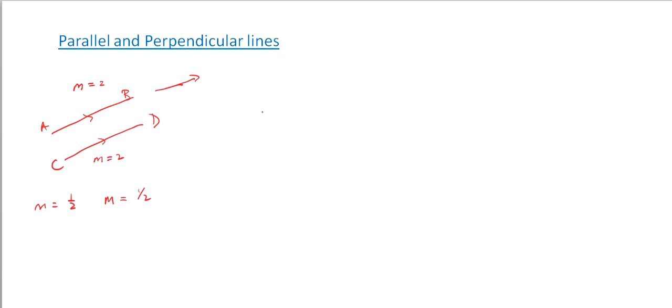Right? Now, in the case of perpendicular lines, let's say we have a line AB, and we draw another line CD, and they are 90 degrees to each other. So they are right angles. So AB is perpendicular to CD. What can we say about the gradients?